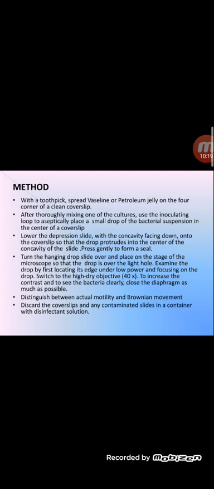Now, the steps involved in it are: take the glass slide with a concave center, and take the specimen from the culture, 15 to 20 milliliters, and place it in the center of the cover slip.